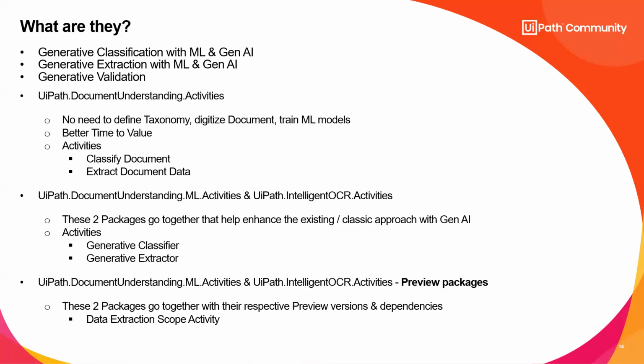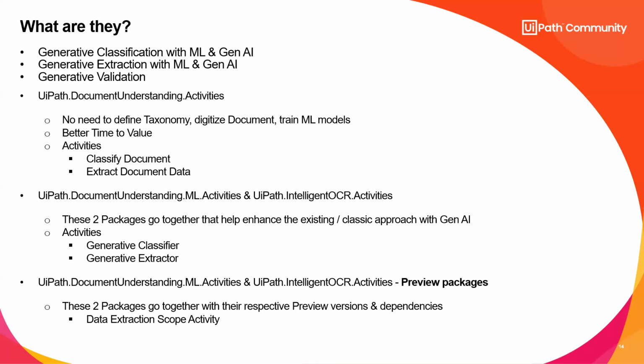It wholly utilizes Gen AI, and this gives a better time to value. Going forward from the UiPath side, it is recommended to use this new package for all new projects, and we will be improving it and making it better in the future.